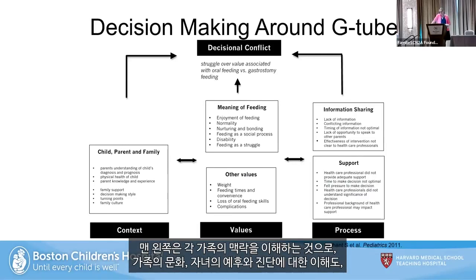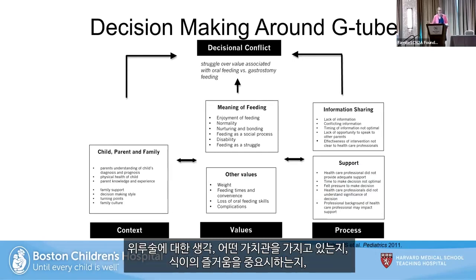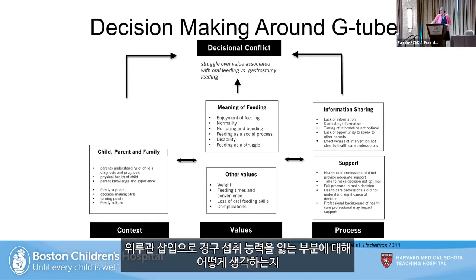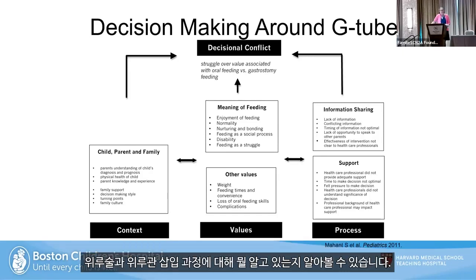The first one on the left is just knowing where your family is coming from with their cultures, their understanding of their child's prognosis and diagnosis, and how they feel about potentially undergoing a G-tube, their values about enjoyment of feeding, how they feel about possibly losing some of those oral feeding skills if you place the G-tube, and then what information practically they're getting about the process of placing the G-tube itself.